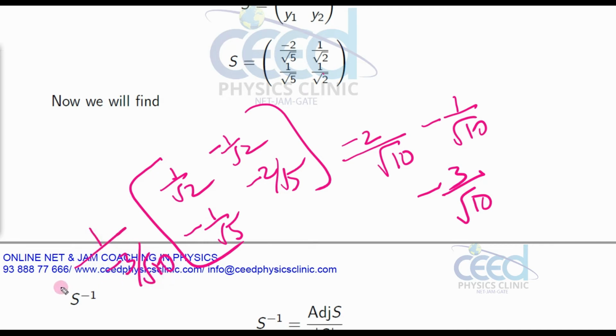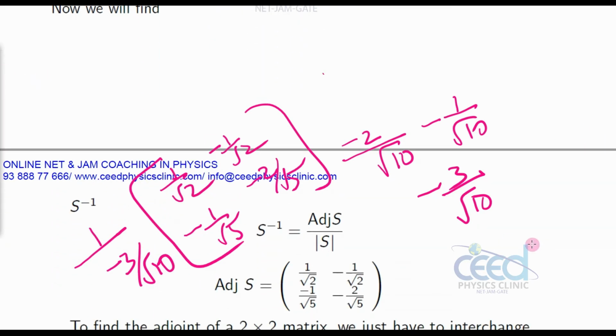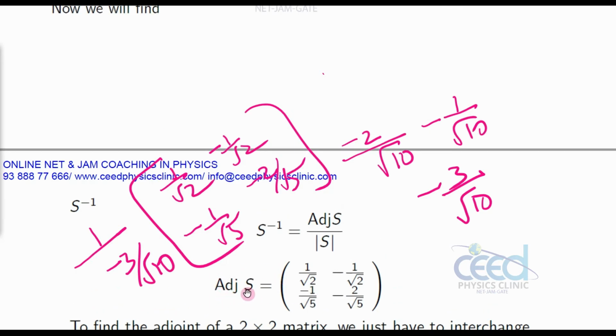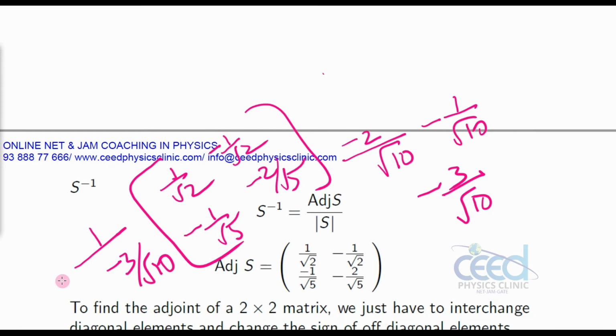This is the S inverse expression, right? I think it is correct. So this is adj S, by interchanging the first diagonal elements and then changing the sign of the second elements. If you divide with the determinant that we have already seen, you will get the expression for S inverse.